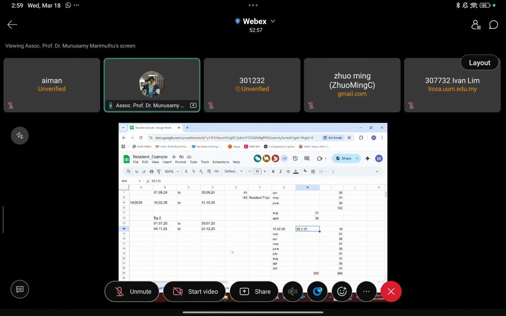Oh, 29. It should be 29, isn't it? Or 29 or 28? To 25. Can anyone confirm the number of days here? Sir, make it simple. 28. The norm is the leap year is 29. This is not a leap year. So 28, 10.